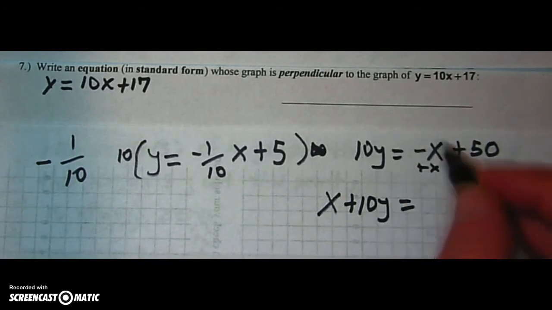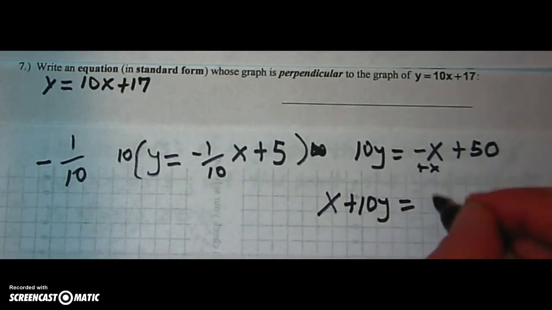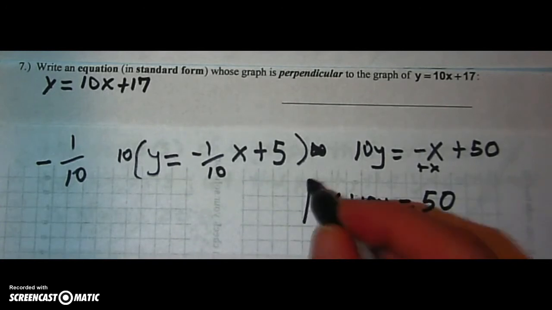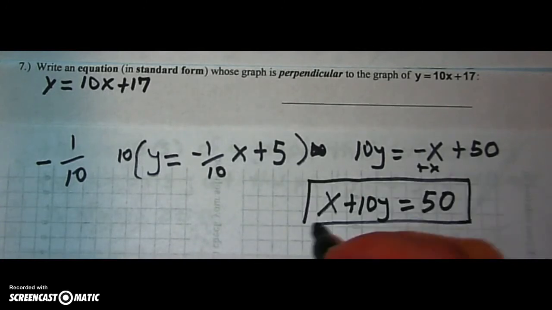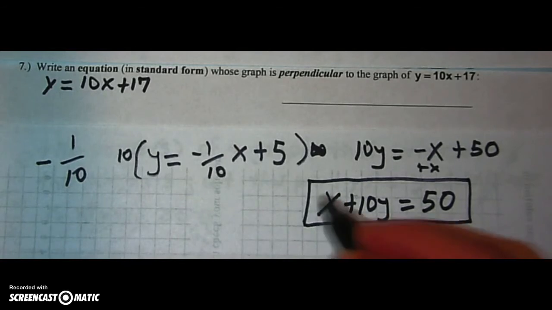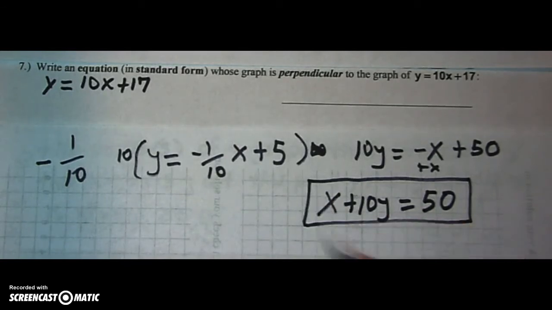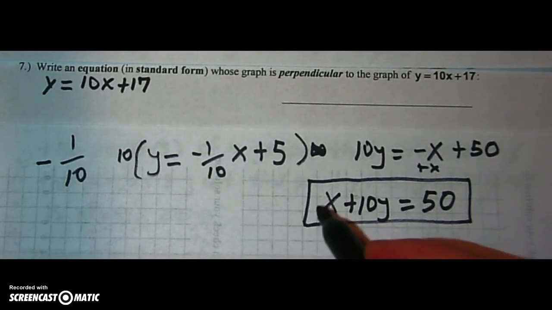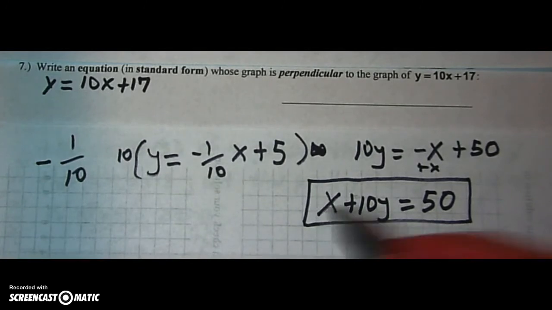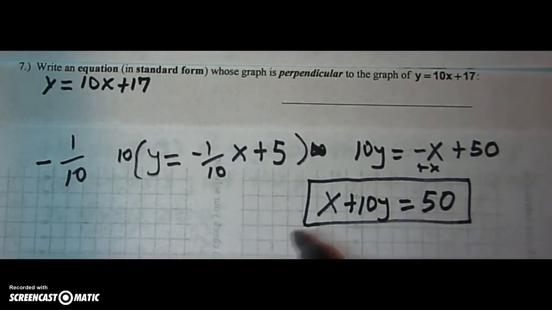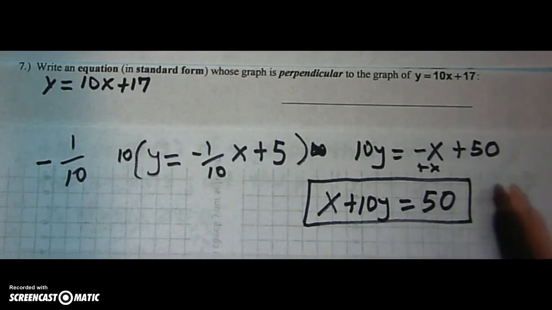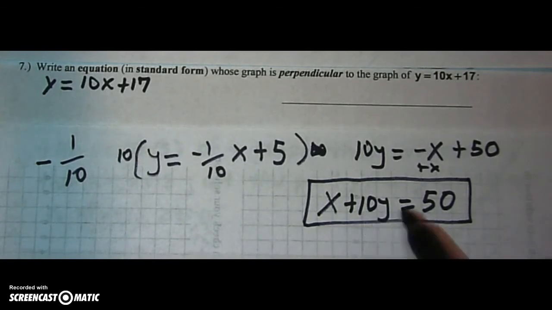So in essence, I moved the x to the other side, no more x here, and I just have the 50 left. Now remember, in standard form, the leading coefficient, the coefficient in front of that first term, has to be positive. It is positive. It's a positive 1. So we're good, okay? We don't have to rewrite anything here. So our answer is x plus 10y equals 50. We're done with the problem, okay? If this was a negative, we'd have to change some signs, but it's not, so we're finished.